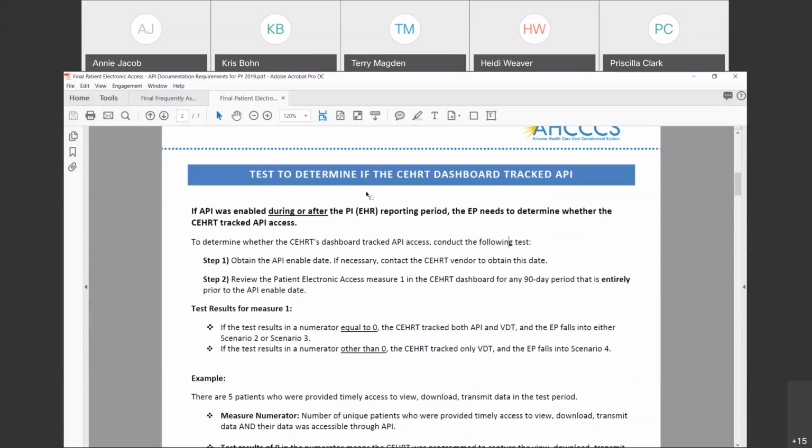So the first test, this PDF is going to show you what different tests you can do to determine and show that API was enabled. This information is on the PowerPoint as well as in this PDF to help you. So if API was enabled during or after the PI EHR reporting period, the EP needs to determine whether the Cert tracked API access. And it goes through step 1, step 2.